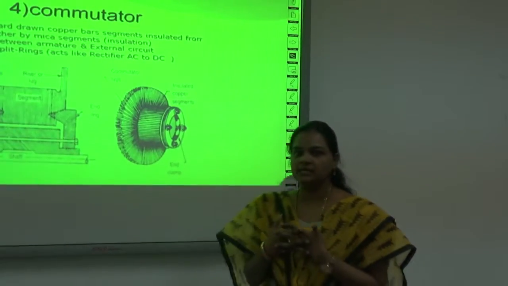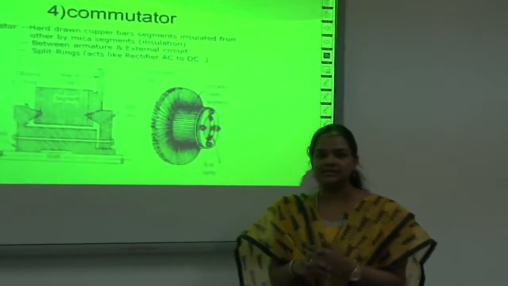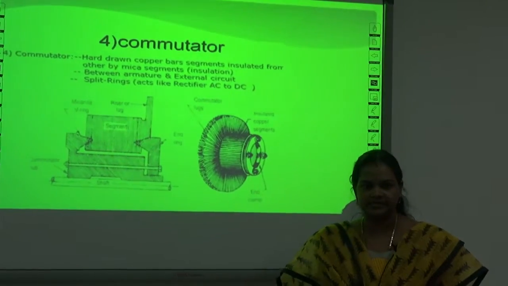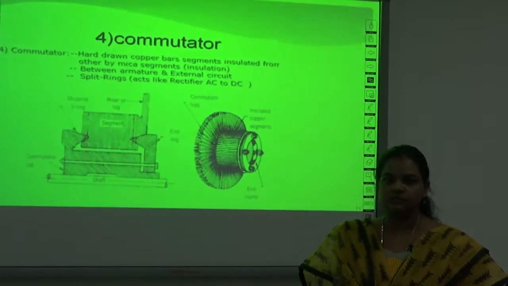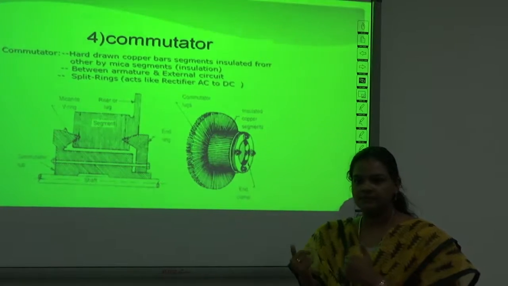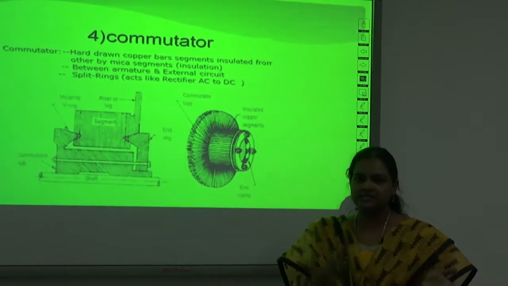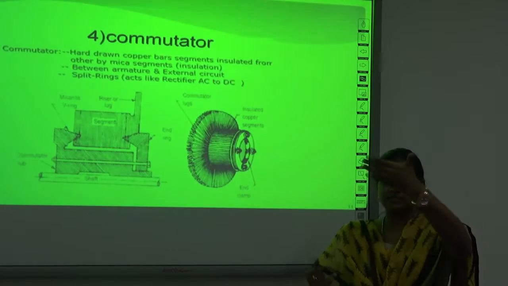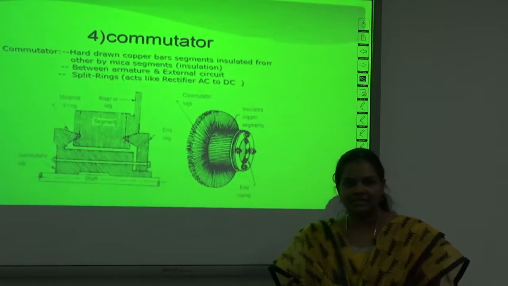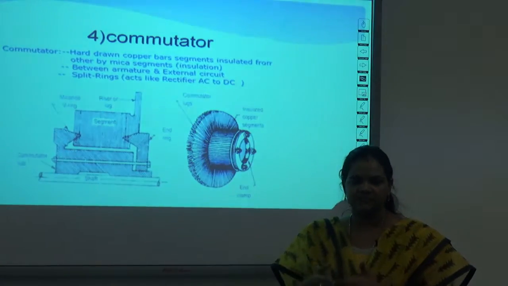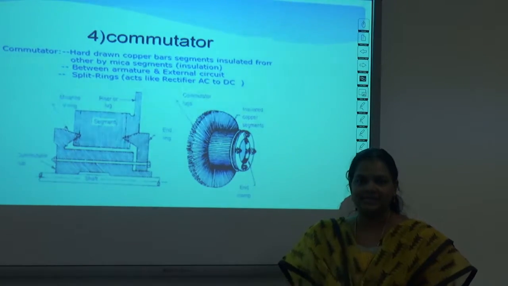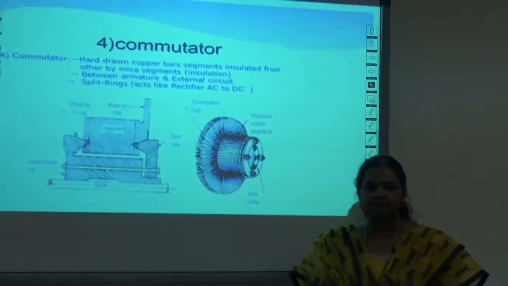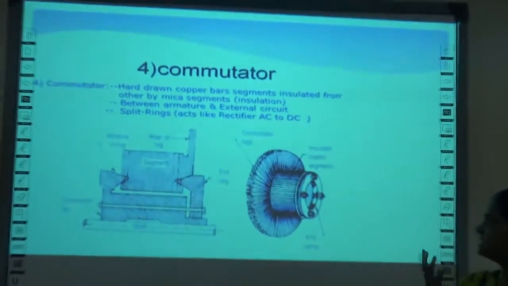Why do you need a commutator? I told you that the EMF induced in a generator is a dynamically induced EMF. The induced EMF changes from instant to instant, from positive to negative, so what we get is an alternating EMF. I want to convert it to a direct quantity, so I need some equipment which would serve the purpose.